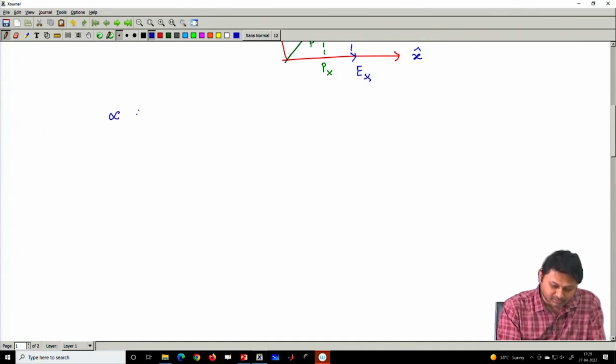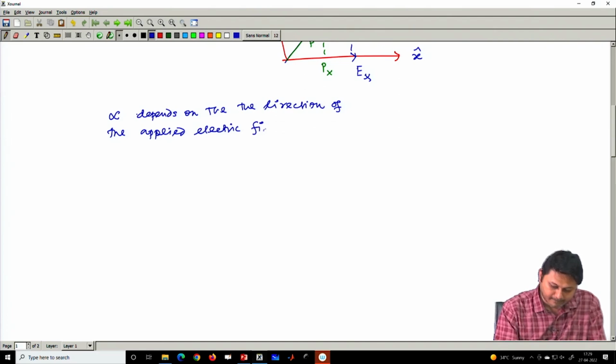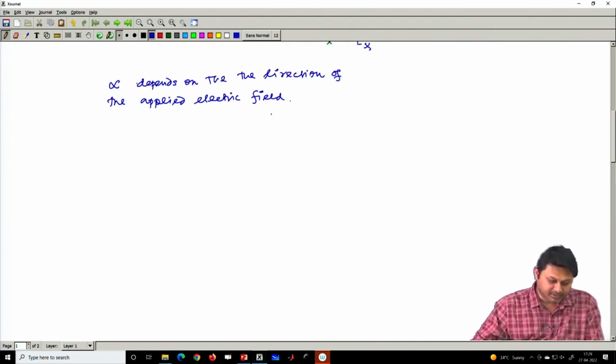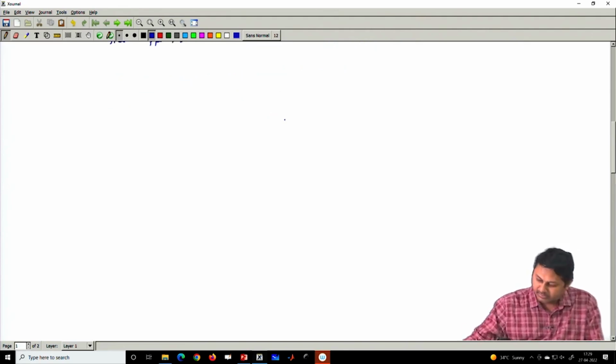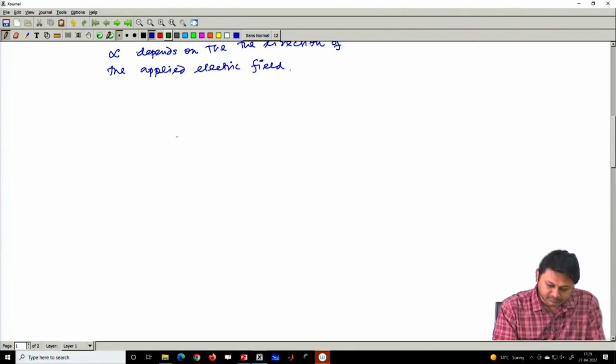So, now alpha depends on the direction of the applied electric field. Let me draw another case.